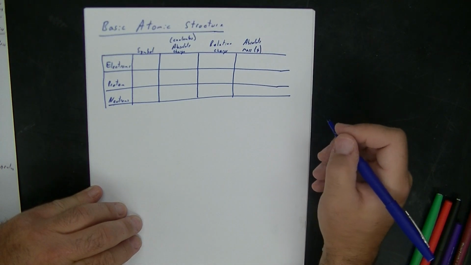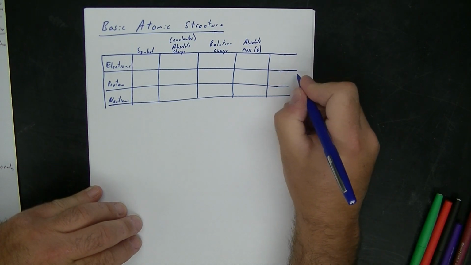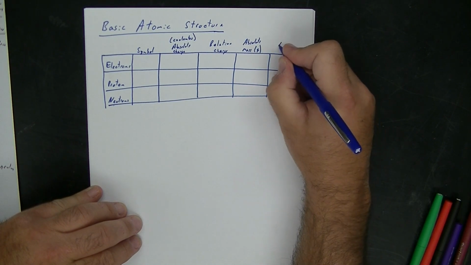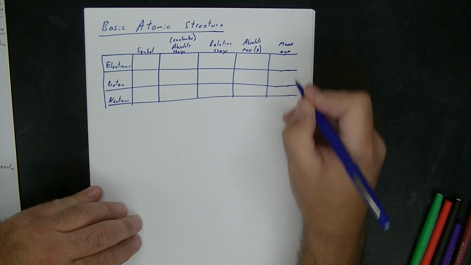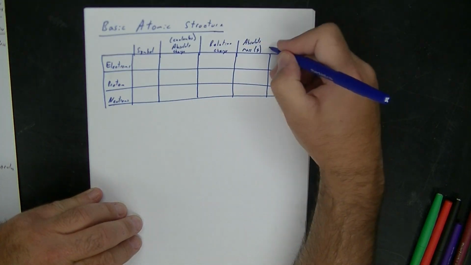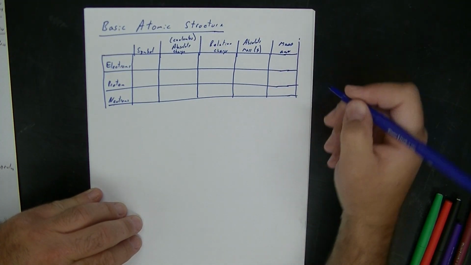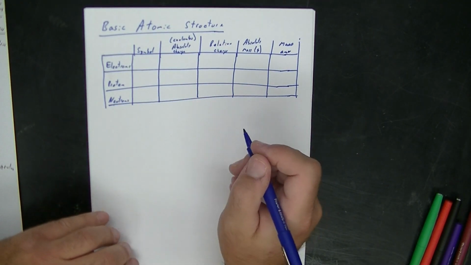That's in grams. And then let's have mass in AMUs, atomic mass units. Okay, so I just want to run through these different things because you do need to know these for each of the protons, neutrons, and electrons.